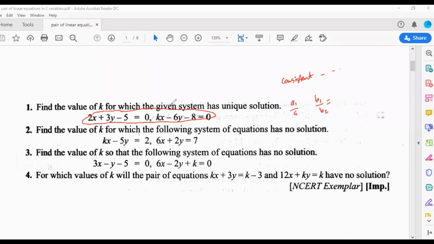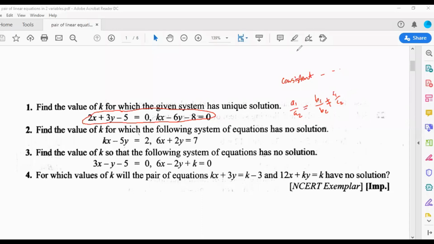If you get such a question, you will check whether A1/A2 is equal or not equal to B1/B2. If it is not equal, then you will say the equation is consistent. And then you want to check C1/C2. If C1/C2 is not equal, what will you say? Inconsistent.